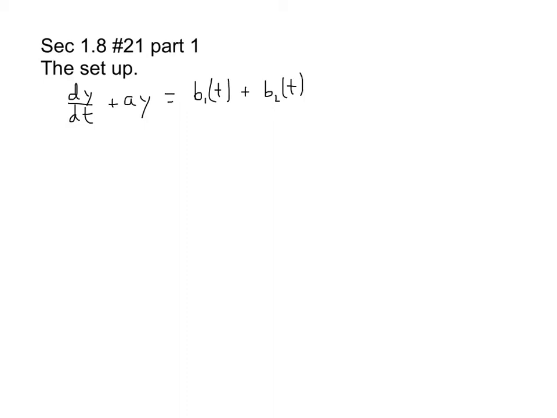One of our b terms is a polynomial, the polynomial t squared plus 2t plus 1. The second non-homogeneous term is an exponential function, e to the 4t.